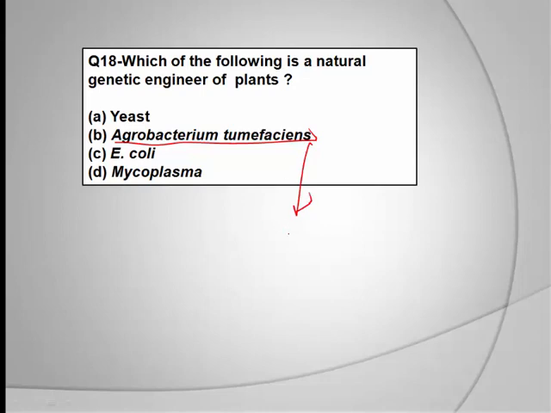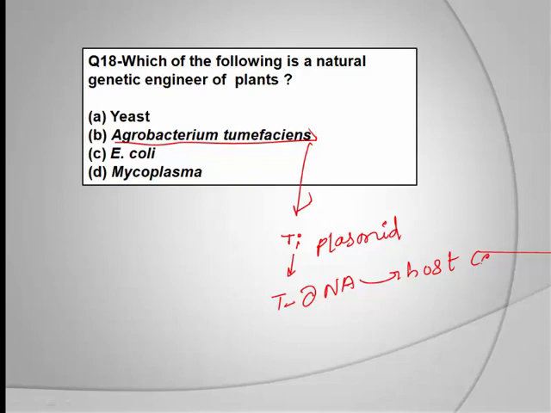Because Agrobacterium contains the Ti plasmid. The Ti plasmid contains T-DNA, and when this T-DNA is introduced into the host cell, it produces tumors, so that normal cells can be converted into tumor cells. Hence it is called a natural genetic engineer.